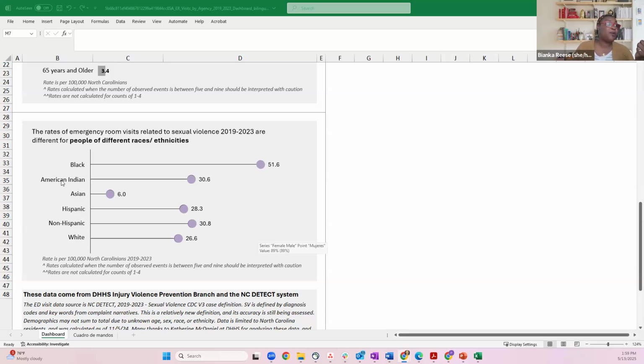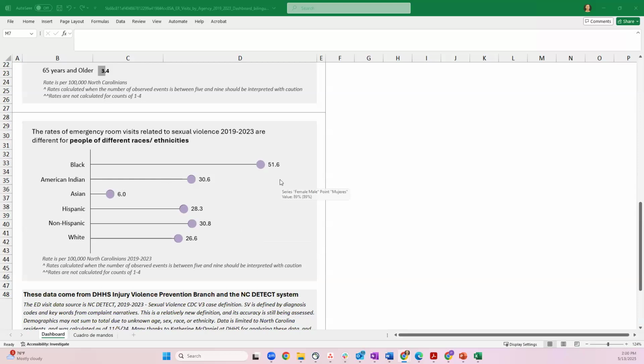Especially if Black people and Native American Indian and Native individuals make up a small portion of your community, but they have higher rates of at least going to the emergency room for sexual violence. So again, this can help you frame conversations around health equity. It can help you be specific with different communities in your outreach. And it can help you with advocating for these individuals.